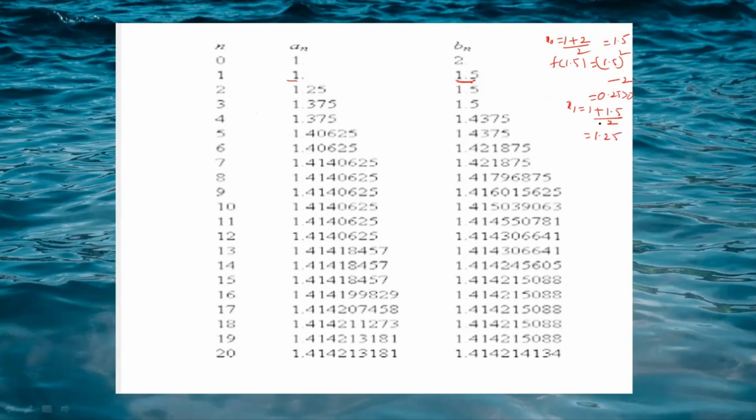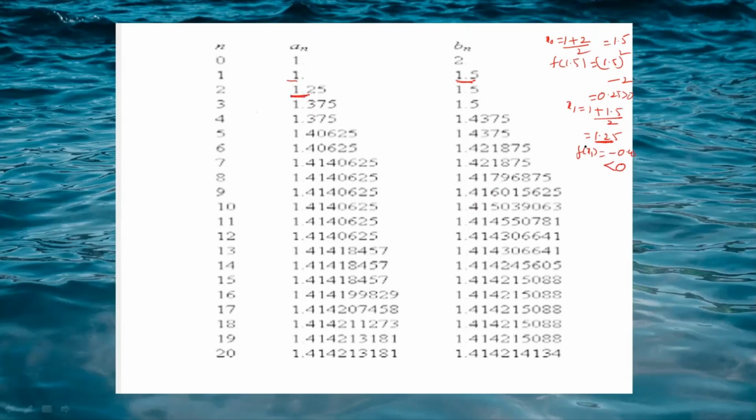Again find out 1.25 whole square, 1.25 into 1.25 minus 2. So f of x1 value is minus 0.4375. That is less than 0. So for 1.25 you are getting less than 0, so your 1.25 should be in A.